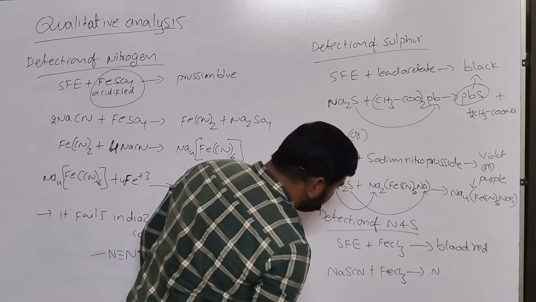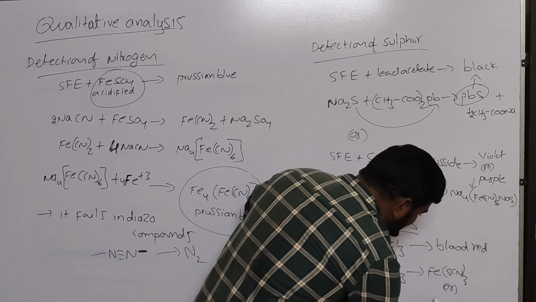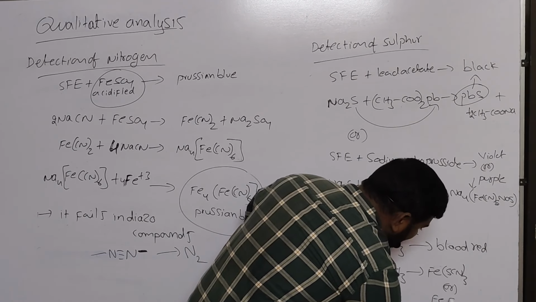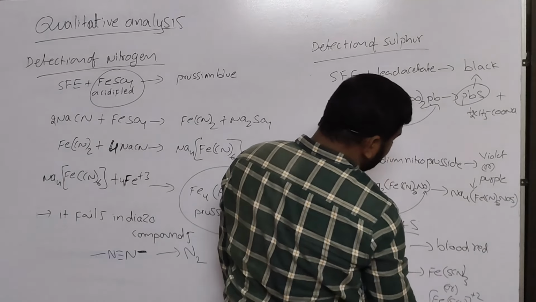What do we get here? We get [Fe(SCN)]Cl2. This is one formula. Sometimes they give [Fe(SCN)]2+, as a complex. Okay, these are the same only.